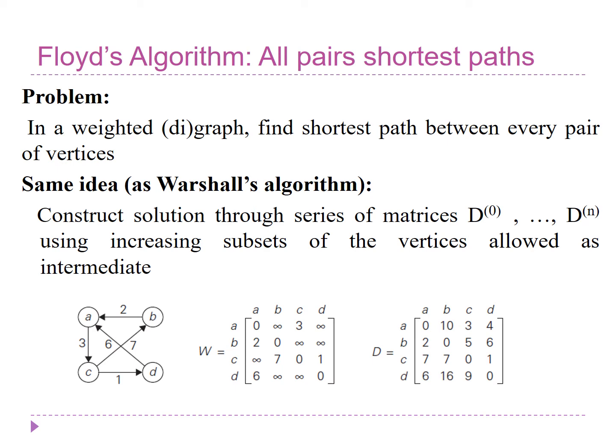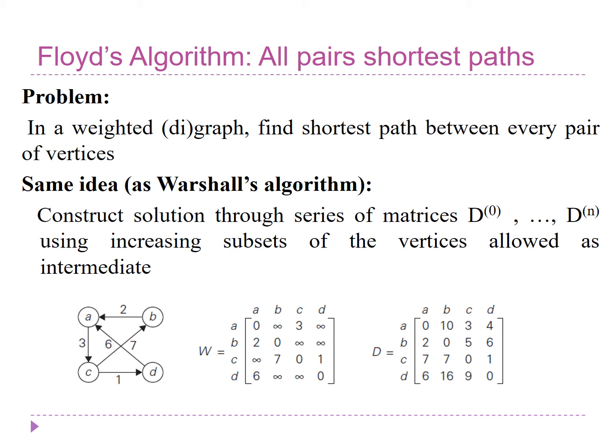For example, there is an output edge from vertex A to vertex C with a weight associated with it, which is 3. Hence, at the A row and the C column in matrix W, the value is 3.